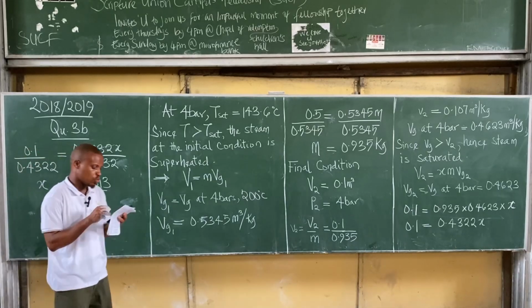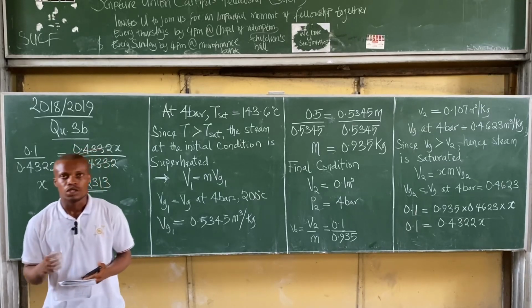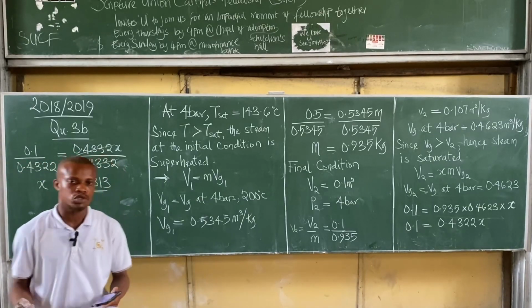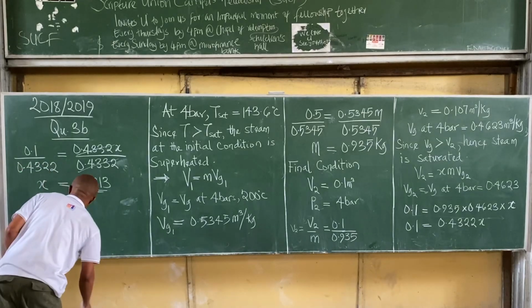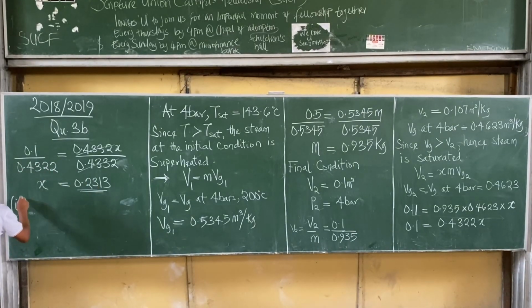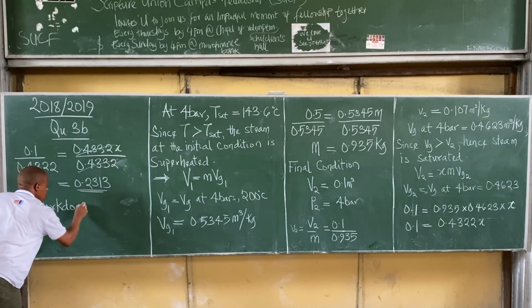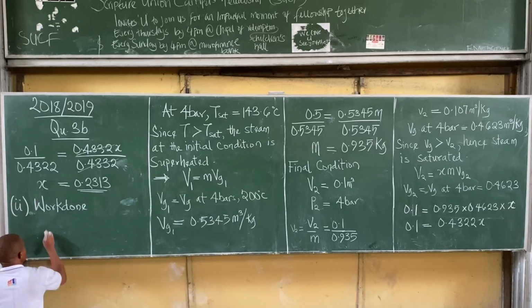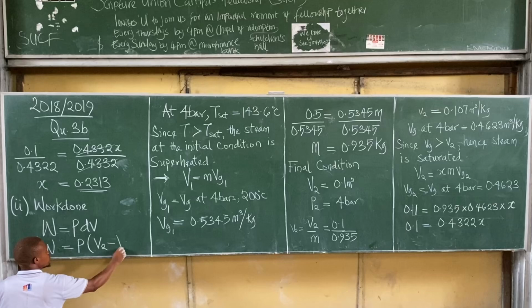Next, from the question, we are asked to calculate the work done. The work done for a constant pressure process, W, is given as P multiplied by the change in volume, right? Now let's calculate for that. W is given as P dV, which equals P times V2 minus V1.